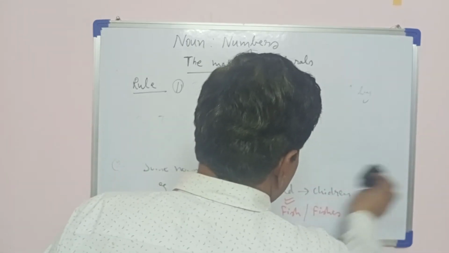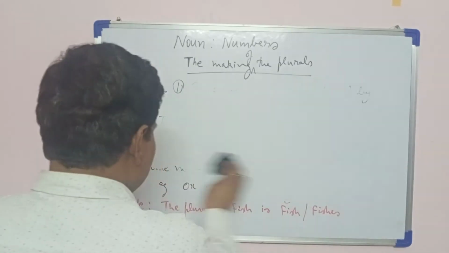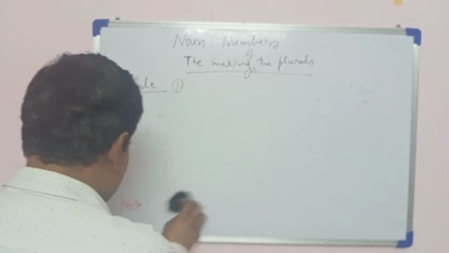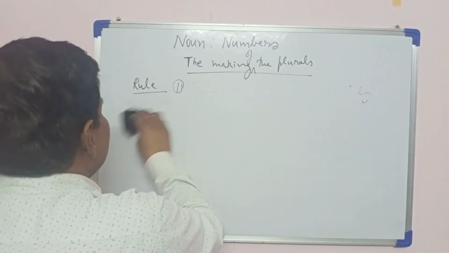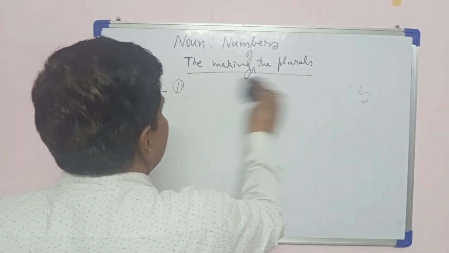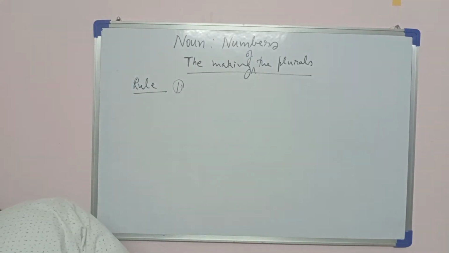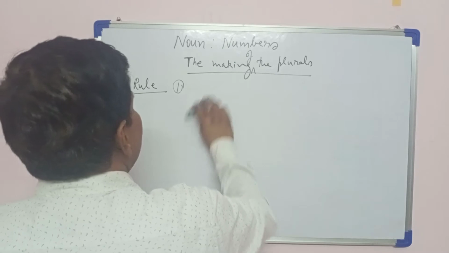Some nouns are same in singular and plural. They have same form in their singular and plural. So let's understand which are these.